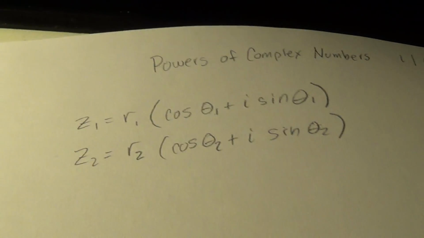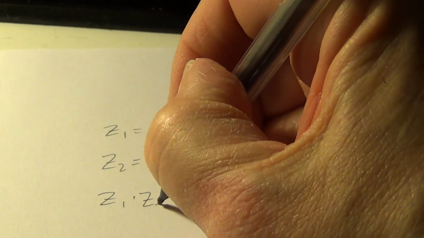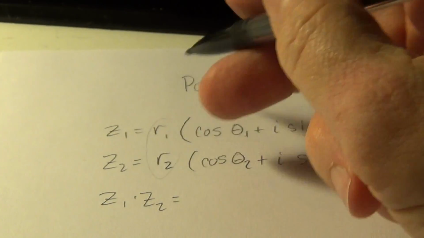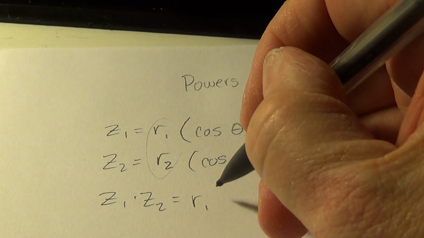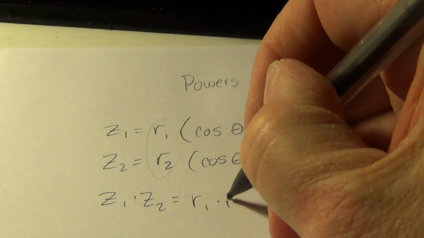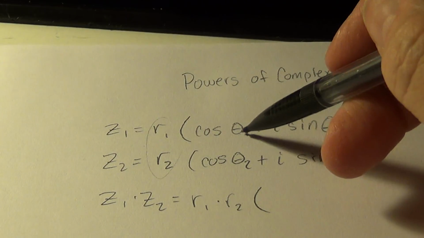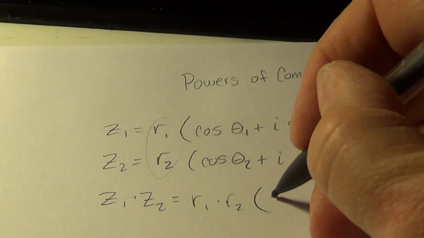So when we learned yesterday to multiply z1 times z2, you multiply the magnitudes, r1 times r2, and you add the angles.